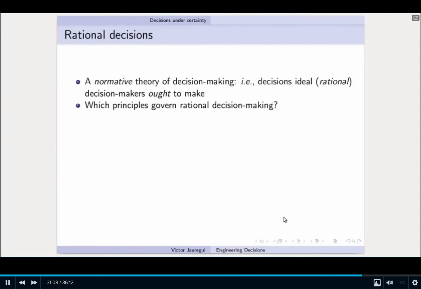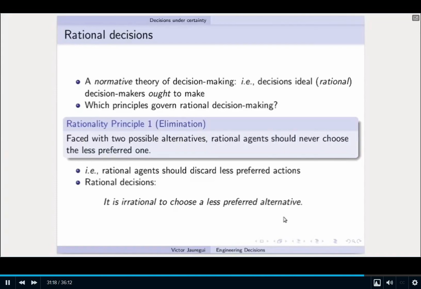Now, a little while ago we talked about rational decision making and decision rules, or rules for making rational decisions. So now we're in a better position to describe what that means. And the idea of making a rational decision is to never choose something which is not our most preferred. Right?